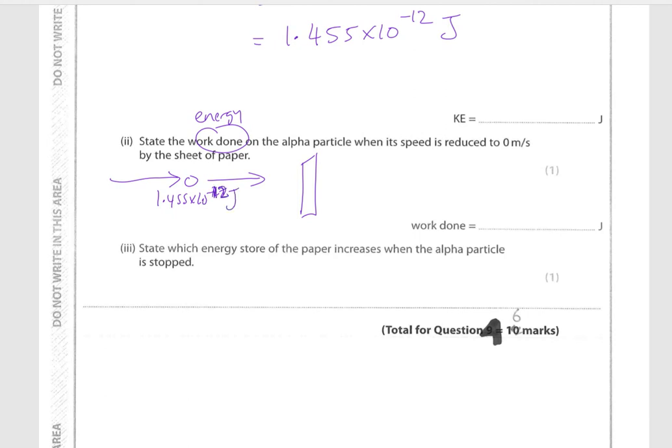Energy can only be transferred. So when the particles hit the wall, all that energy is transferred to the wall. It's 1 mark, and the question says state, so the work done is the same: energy is transferred.